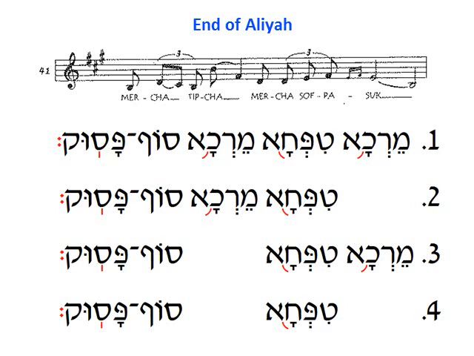So let's try it. Line 1 again. Mercha tipcha, mercha Sof Pasuk. Try line 2, which is the family. This is all the family, but without the mercha. Tipcha, mercha Sof Pasuk.